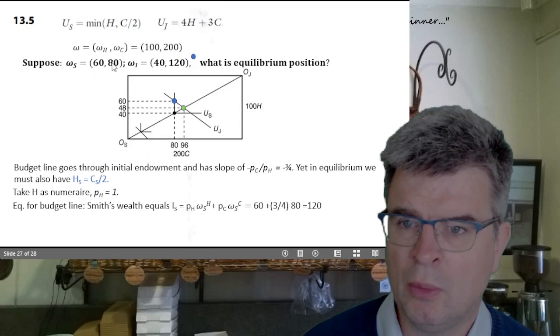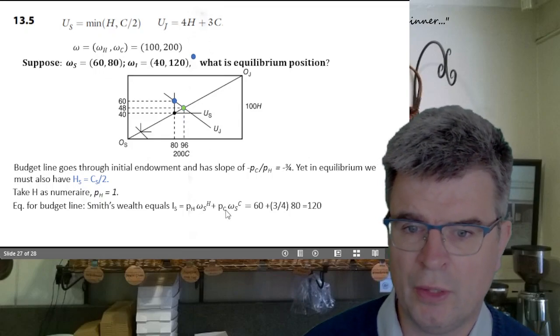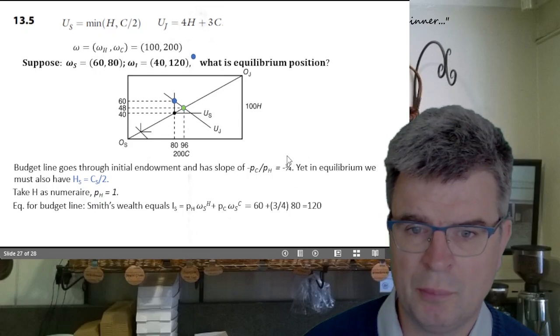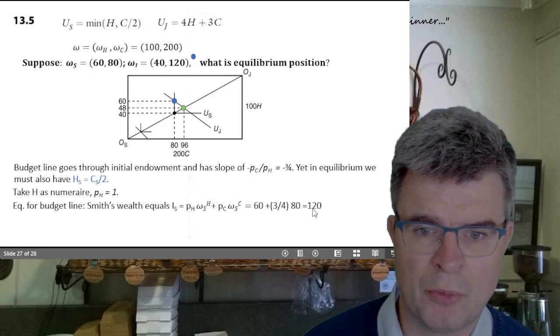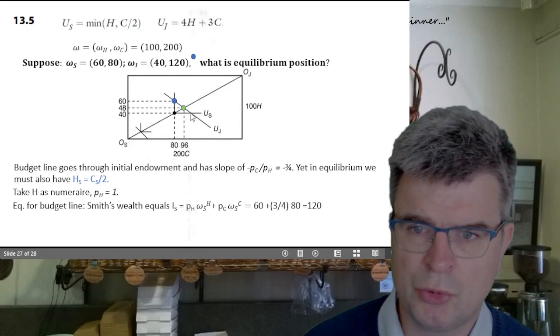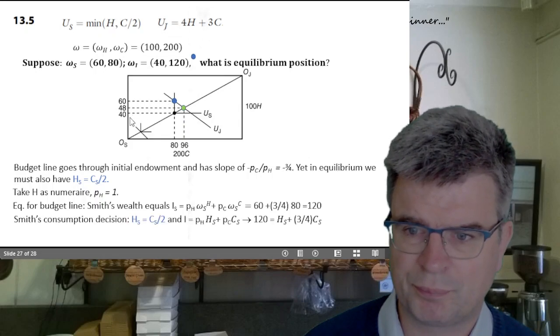And on top of that, he owns 80 slices of cheese with a value of 3/4 each, because this needs to hold. So his total budget is equal to 120. And then Smith can choose any point on this line over here.